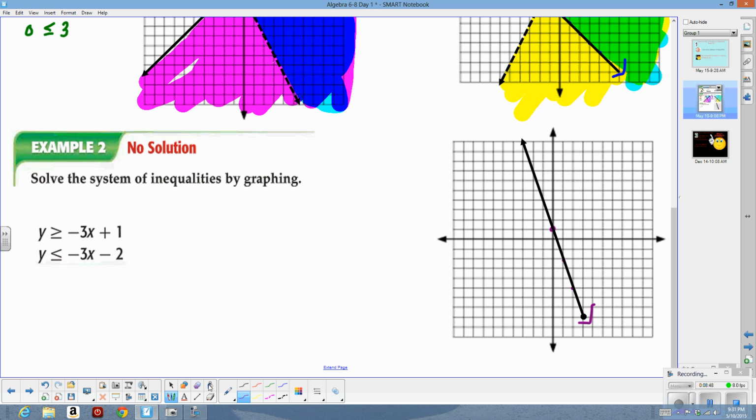Now let's test 0, 0. If I plugged in 0, 0, I would have 0 is greater than or equal to 1, which is not true. So I don't want to shade in the part with 0, 0. I want to shade in the other part.